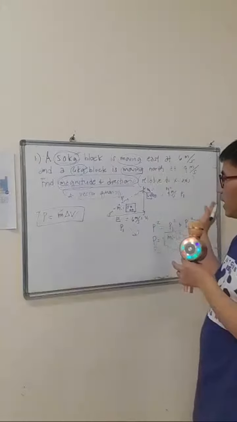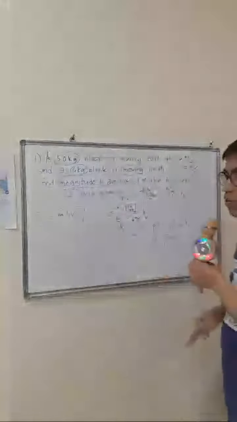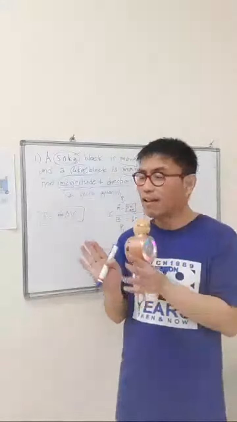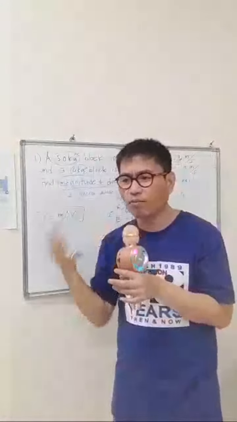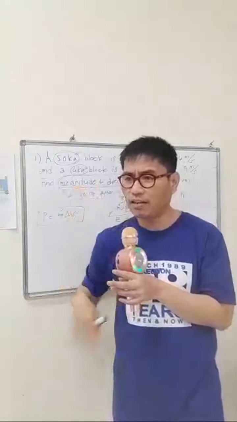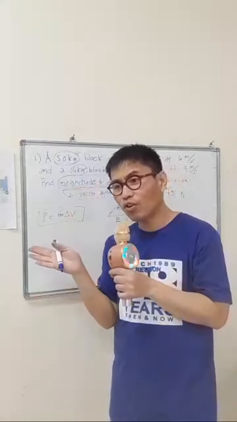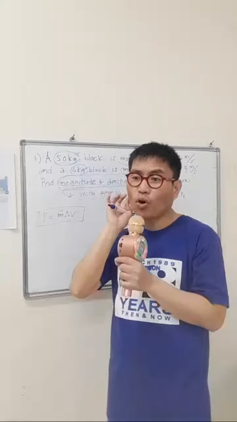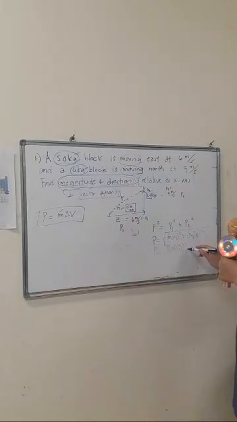For example, if I was saying 5 pounds is going to the east, you need to convert pounds into kilograms first before putting it in your Pythagorean theorem. Since the units here are compatible, I am very confident to substitute directly in the equation without putting the unit of the individual quantity. But if it is not compatible with the quantity for the momentum, like for the force, then you have to convert first before substituting here, right?